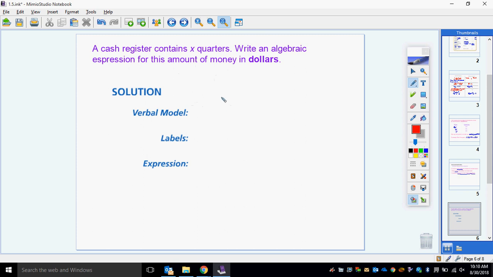Well, if I'm going to put this in a verbal model, in my own head, I'm thinking, okay, if I take the number of coins, whatever that is, the number of coins in that bag, so I count all the coins, and I take that number and multiply it by how much a quarter is worth, so the value of the coin, I'd get my answer, wouldn't I?